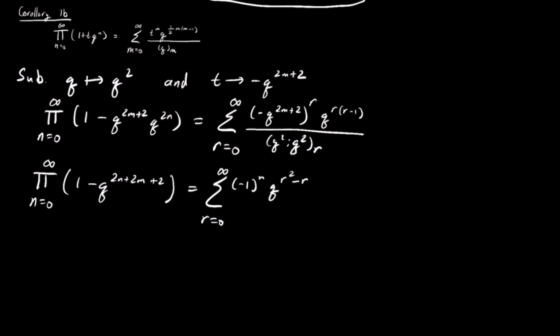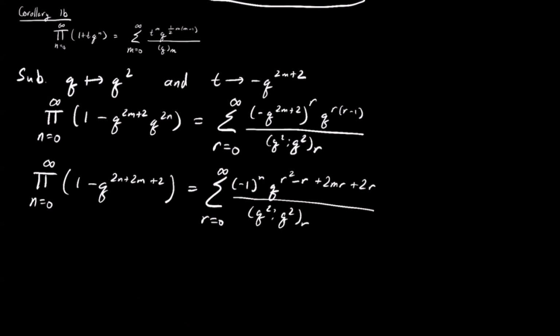That's coming from the second term, and then a plus 2mr plus 2r. All right, so our expression looks something like that. In our denominator, we end up with q squared sub r.